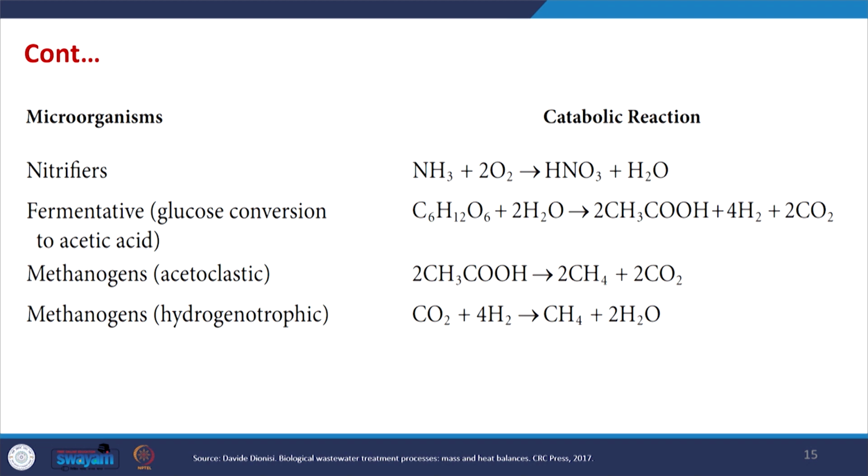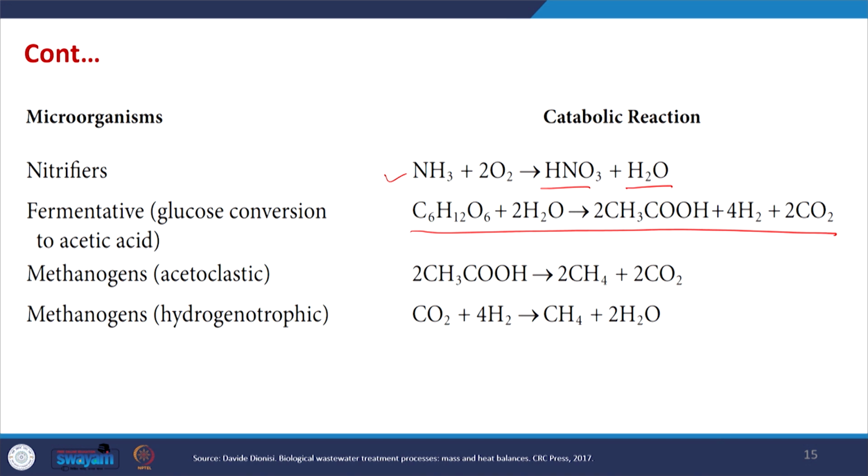Further on, there are other types of reactions possible under the catabolic reaction category. One is the nitrifiers, which we already studied: ammonia combines with oxygen to form HNO3 and water when nitrifier microorganisms are present. When fermentative microorganisms are present and we represent glucose conversion to acetic acid, we can write this equation, and we can see that CO2 is getting produced.